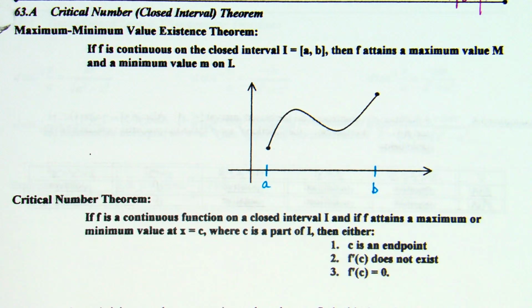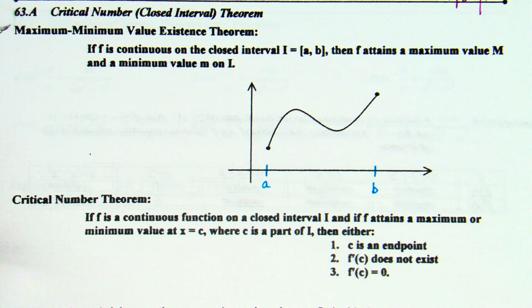And that comes up, I know you will see some AP multiple choice questions that focus on that. Where if you don't check the endpoints, guess what? One of the endpoints was the max or min they wanted you to find. So, yeah, good question.